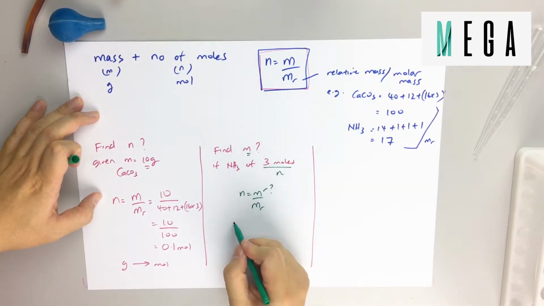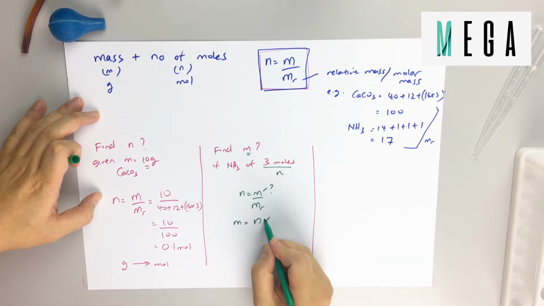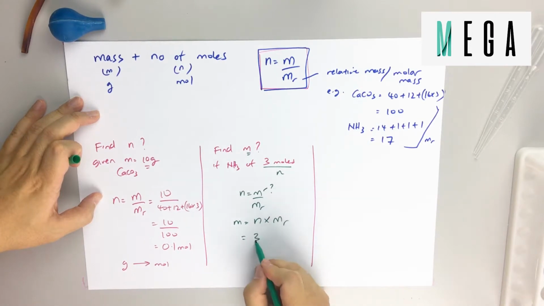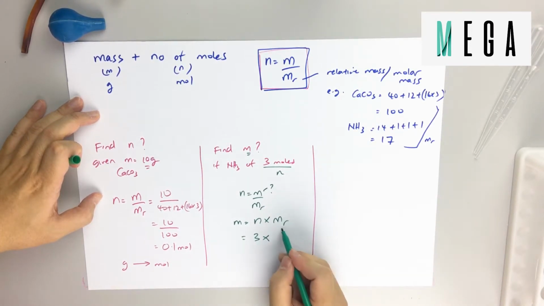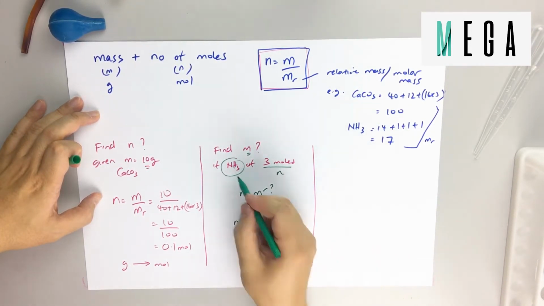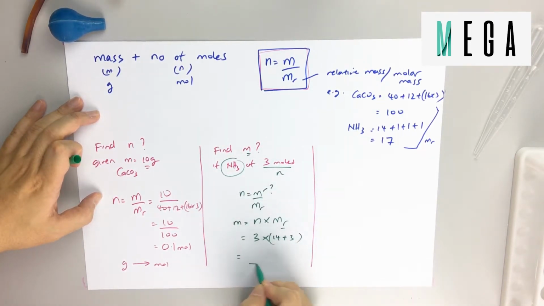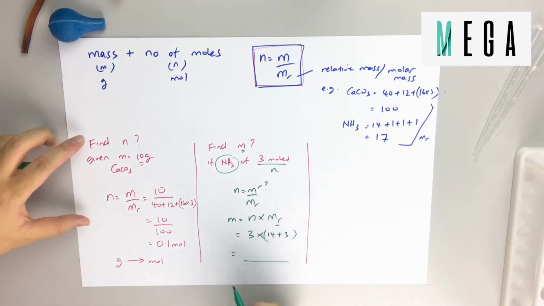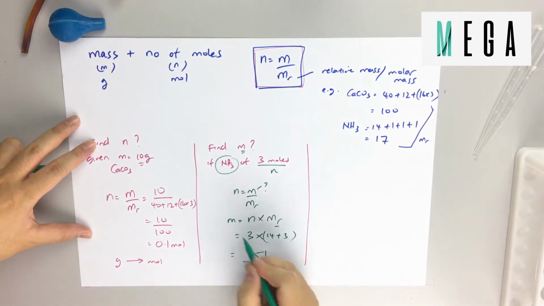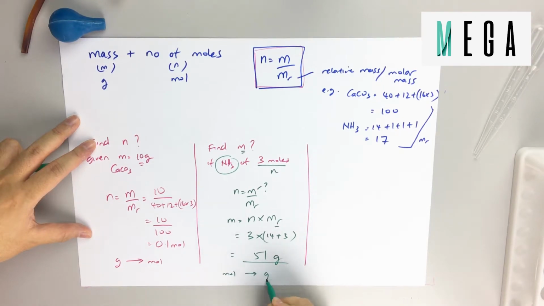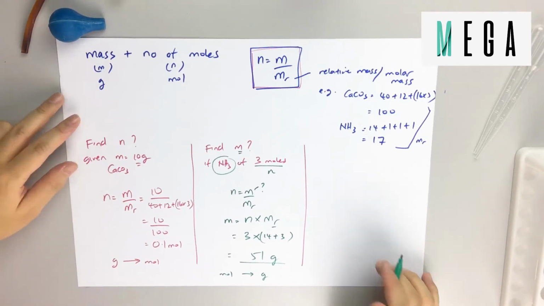Since we are finding the mass, it is n times molar mass. n is 3, molar mass of ammonia, need to calculate: N 14, hydrogen 1 plus 1 plus 1, which is 3. So type in your calculator, 51 grams. Since it's mass, make sure you put grams. So that's how you change moles to grams.